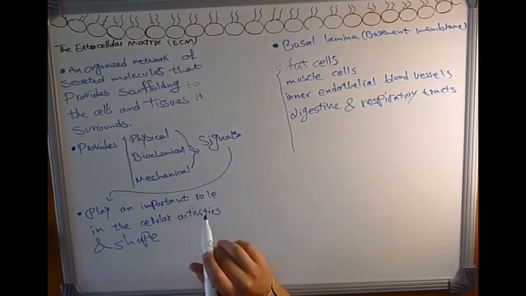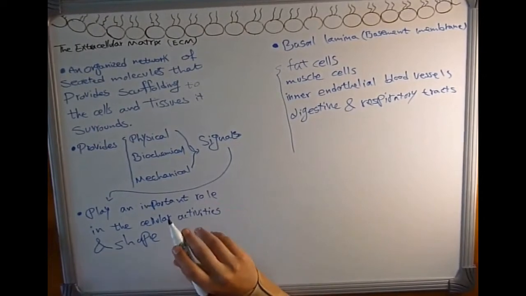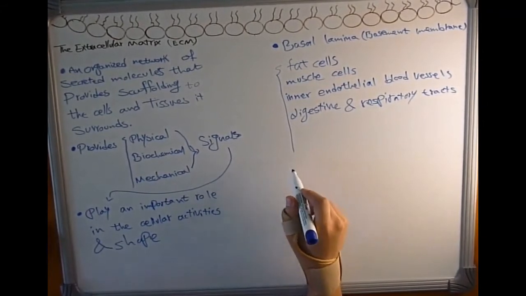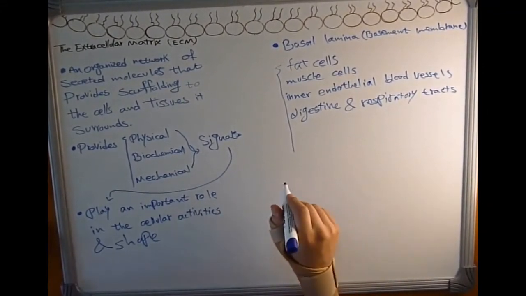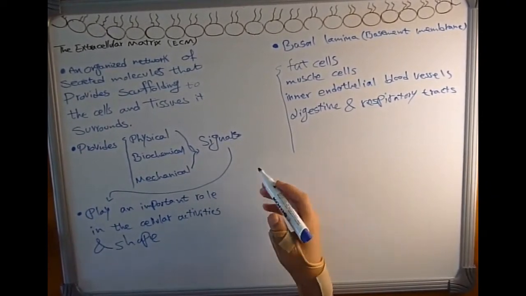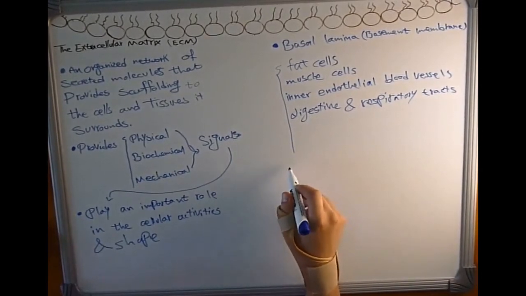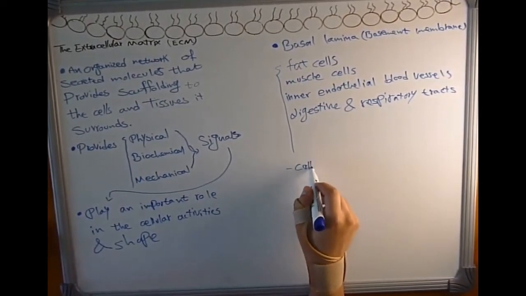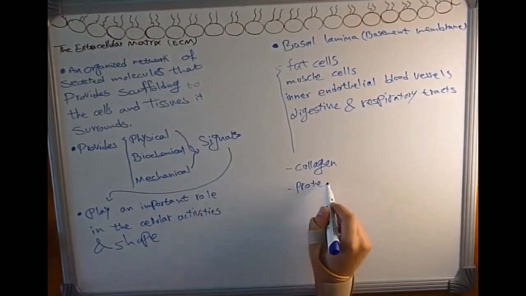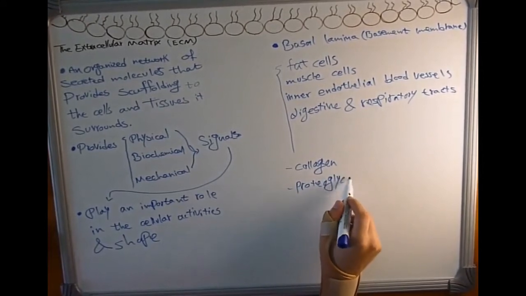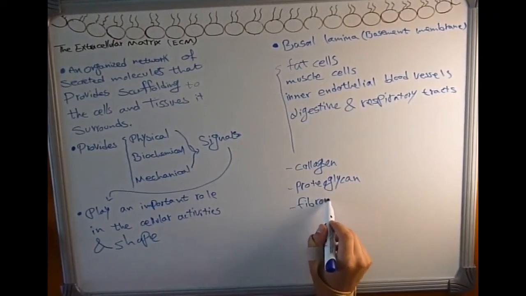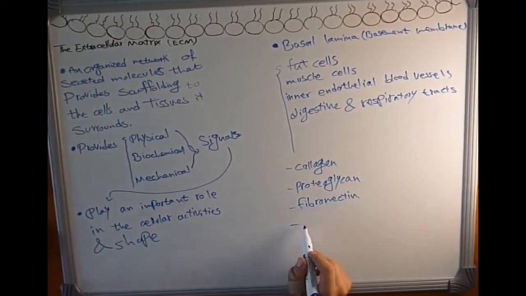We are also going to talk about the components of the extracellular matrix. We are going to talk about four major types of components which comprise the extracellular matrix: collagen, proteoglycan, fibronectin, and also laminin.